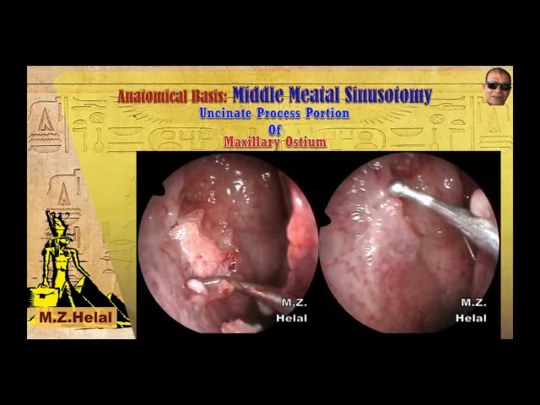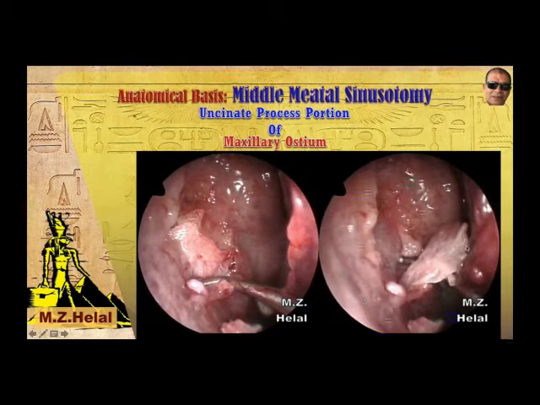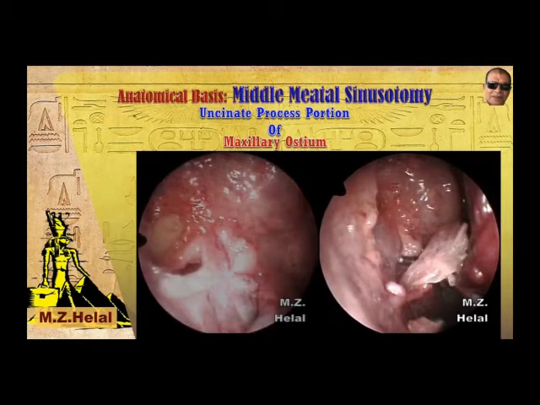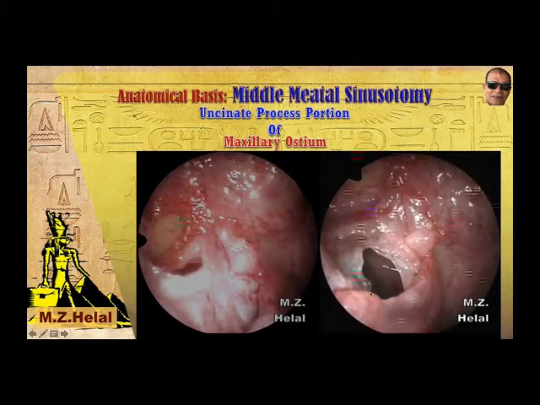So if we remove the mucosa like that, this is the uncinate process, and here is the uncinate as a sheet, and this is actually part of the uncinate, because the uncinate still has a superior attachment and a more posterior attachment. After removing this uncinate process, this is the inner layer of the lining of the uncinate process, or the infundibular lining. And if we fenestrate this area, we will get a large middle meatal antrostomy.